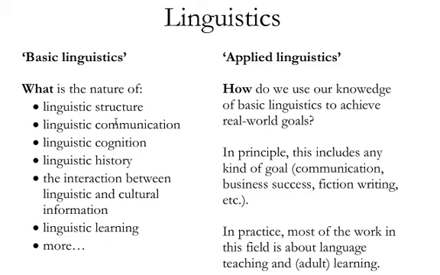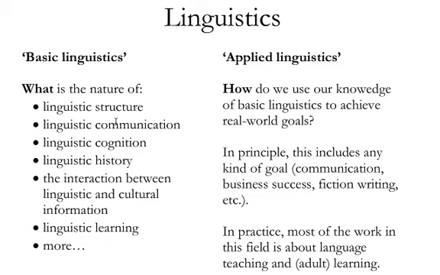So here's my gloss on what this division is about. So in basic linguistics, we're asking about the fundamental nature of different kinds of things associated with language, right? So what's the nature of linguistic structure, right? What are languages like in terms of structure, and what are they not like in terms of structure? What's the nature of linguistic communication?